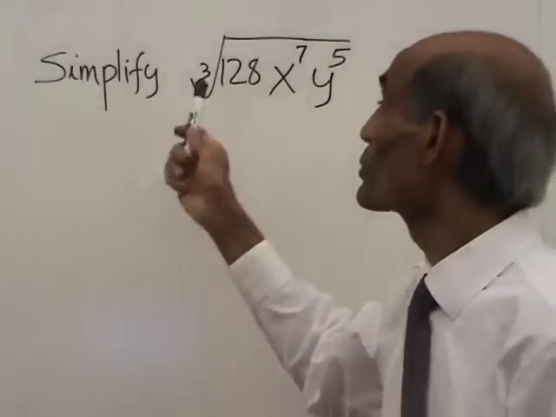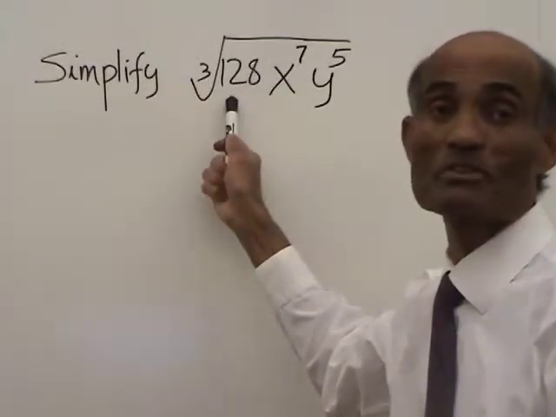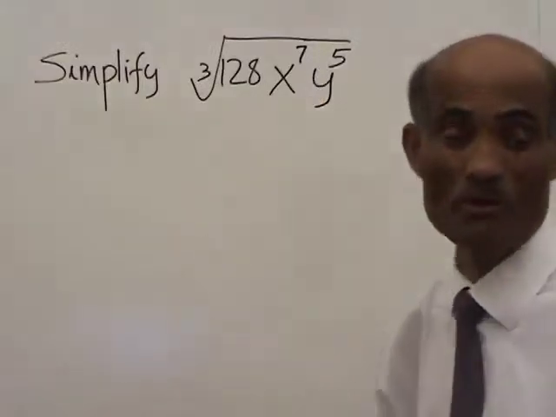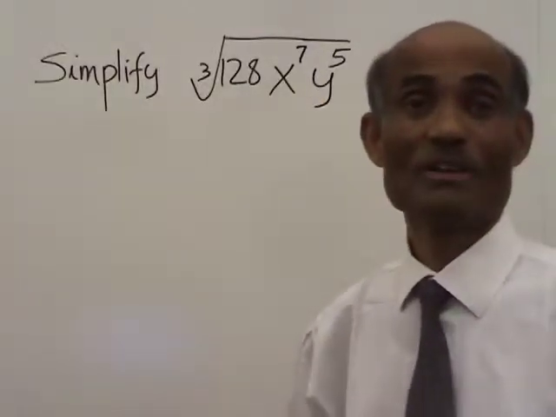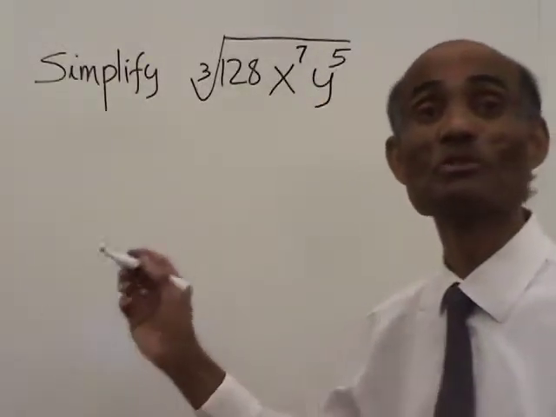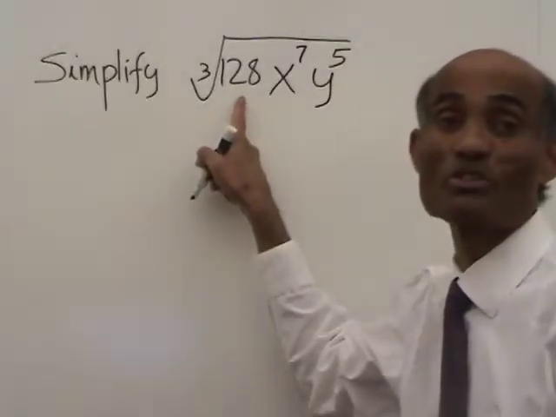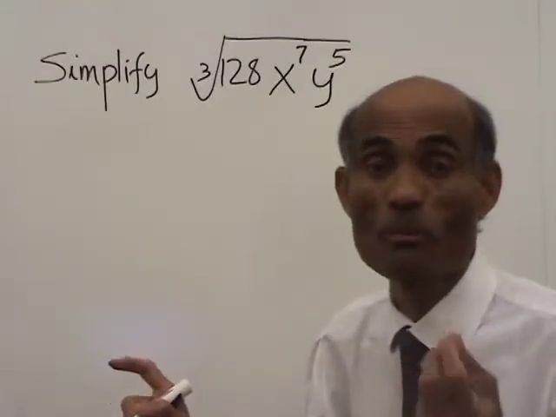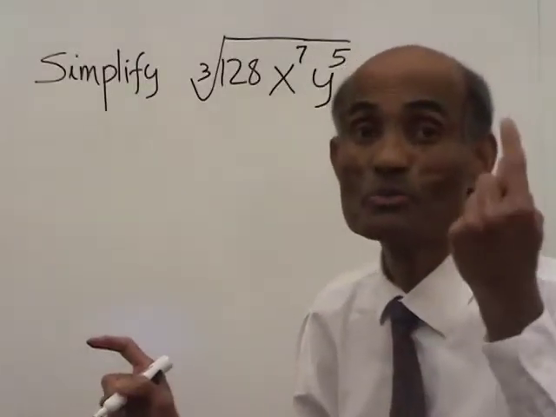Simplify. Cube root of 128 x to the power of 7 y to the power of 5. To simplify a cube root, you need to write the quantities inside the radical as product of perfect cubes.